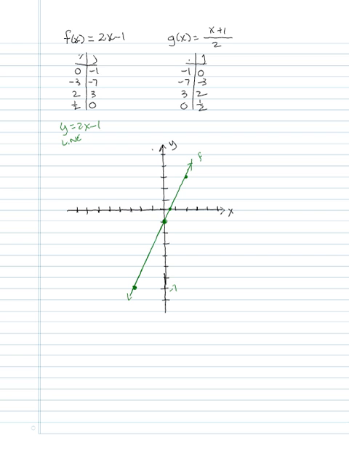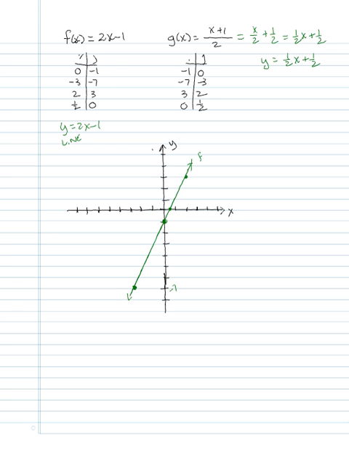If I look at this function, x plus 1 divided by 2, I could write that as x divided by 2 plus 1 divided by 2, which is the same thing as 1/2 x plus 1/2. And then we recognize that that's also a line, isn't it? Because we're really graphing y is equal to 1/2 x plus 1/2.